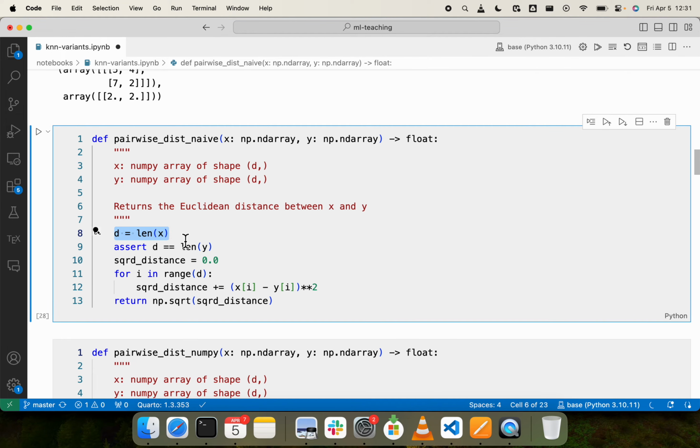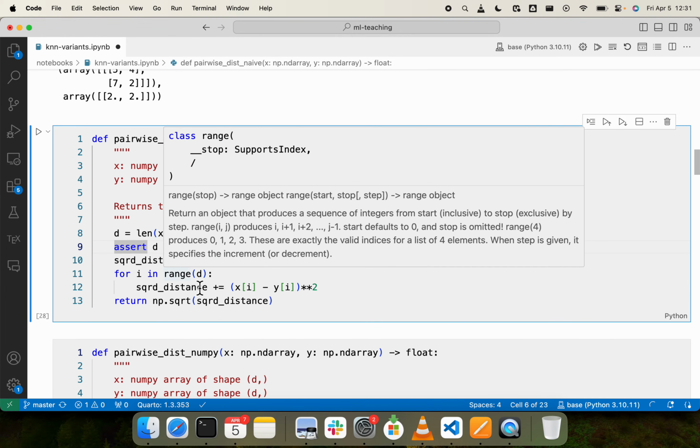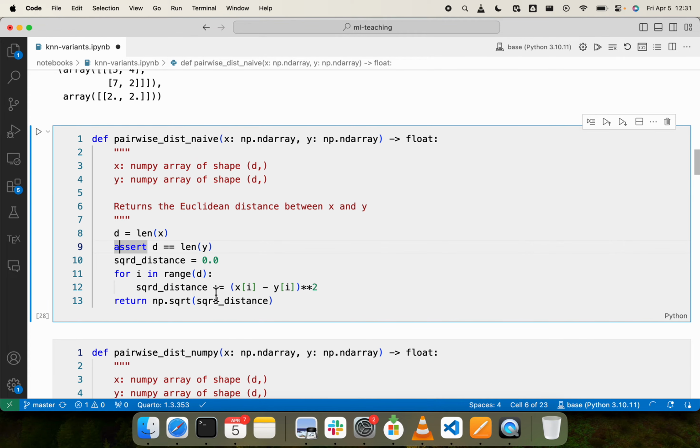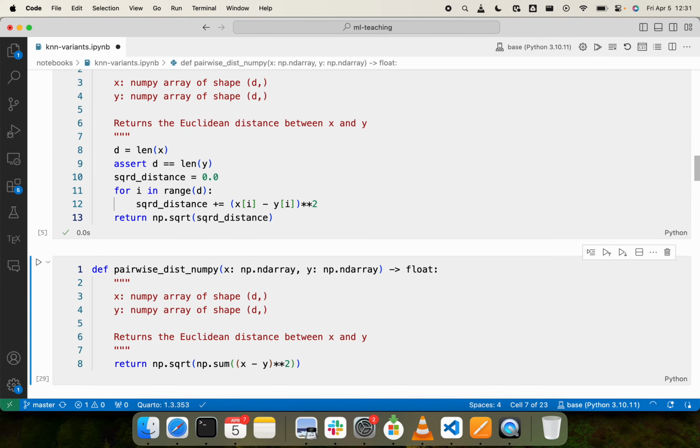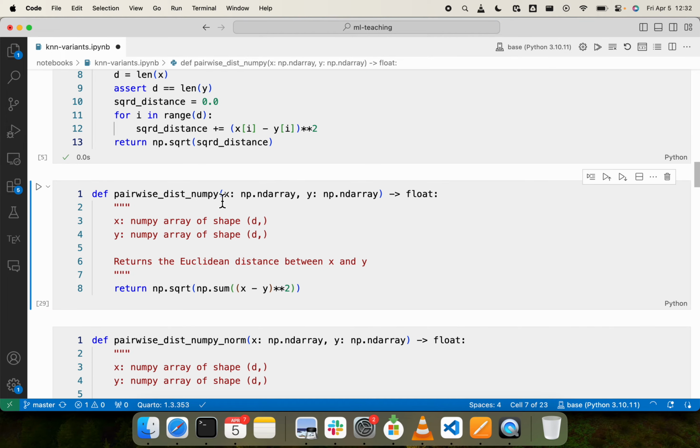I check the length of x, find out d. I assert that the length of y is also the same. I initialize square distance to 0.0. I iterate over each of the d dimensions, find the squared distance, and then find the square root of that distance. I can also simply use NumPy and broadcasting techniques.